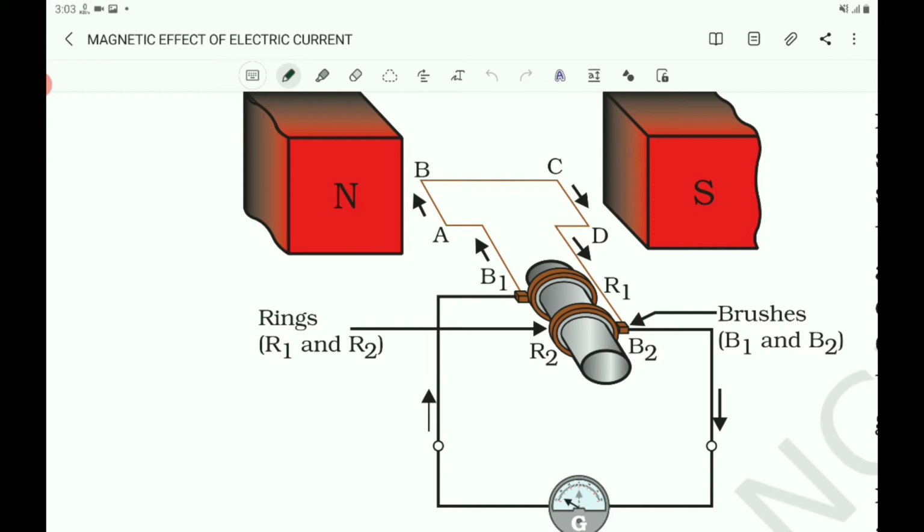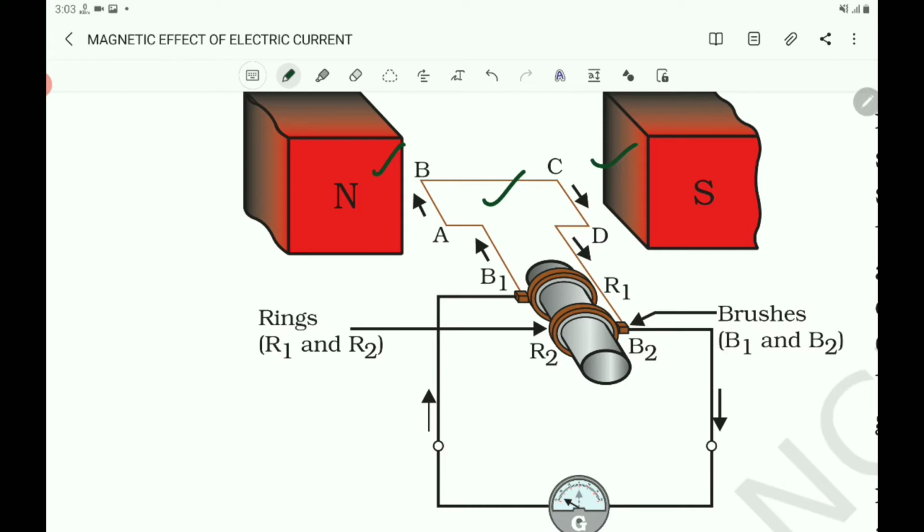Electric generator works on the principle of electromagnetic induction.